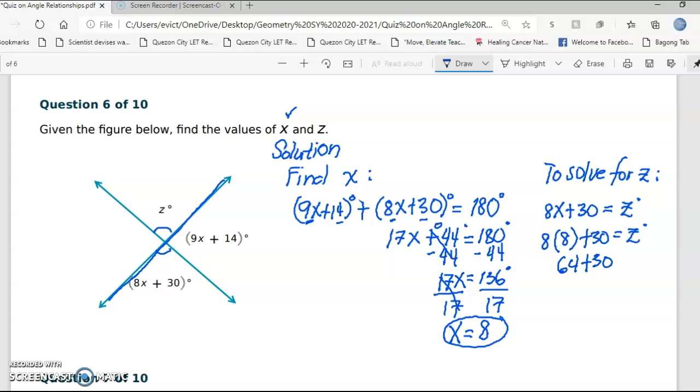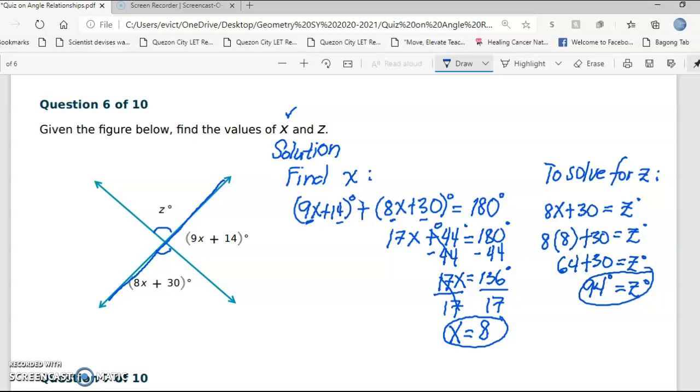Is that right? 64 plus 30 equals z. Okay, what do we have as the value of z? 64 plus 30, correct? 94 degrees.